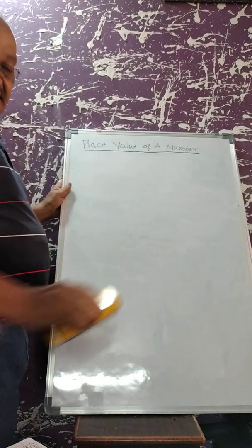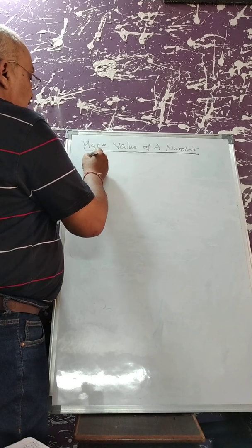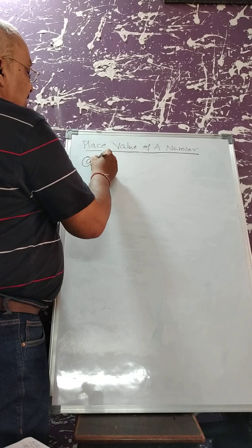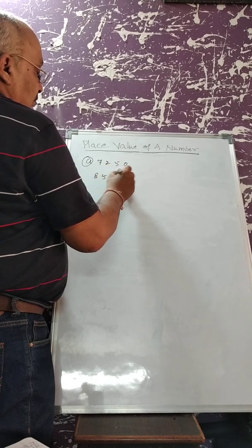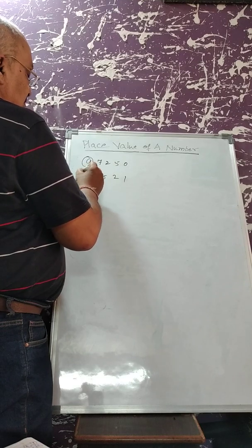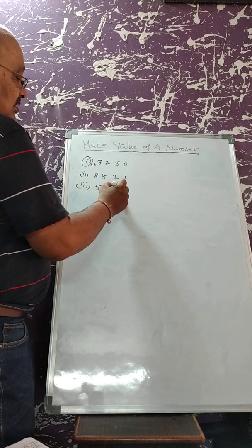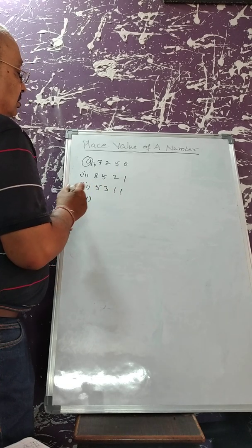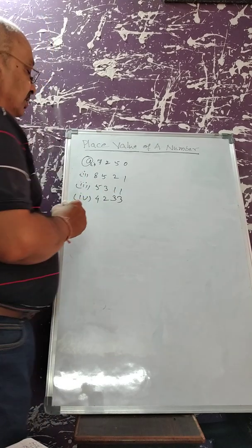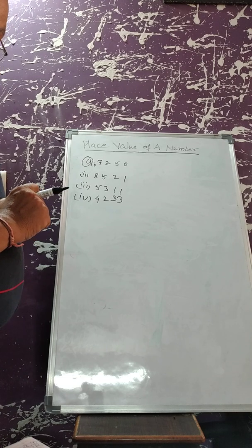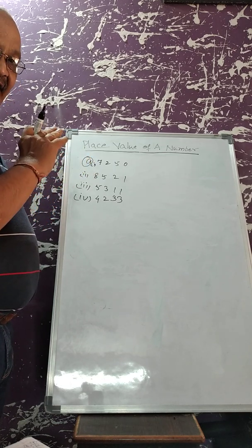Now, suppose somebody is asking you, some numbers are given to you: 7250, 8521, 5311 and 4233, and you have to ring the place of 5 where place value is 500.